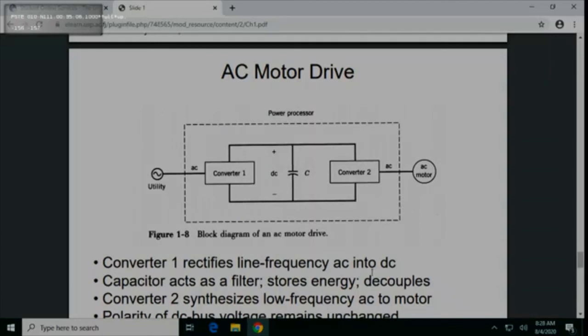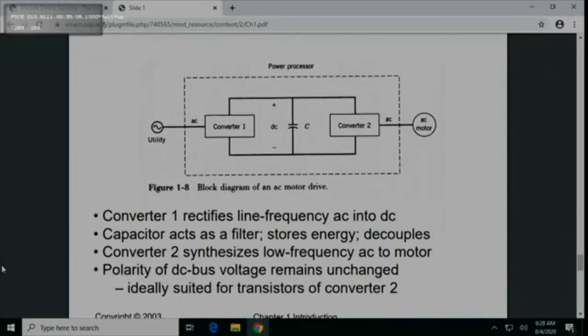This is a general block diagram for an AC motor drive. Maybe you should take a note of this, maybe draw it in your books, because this is very important.